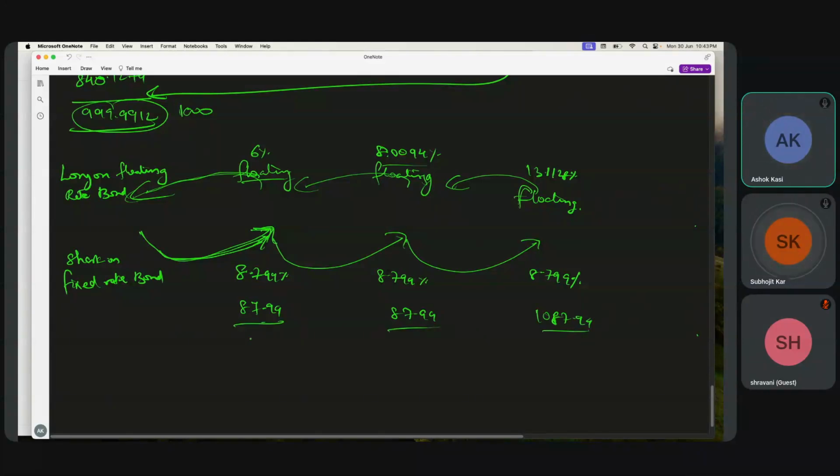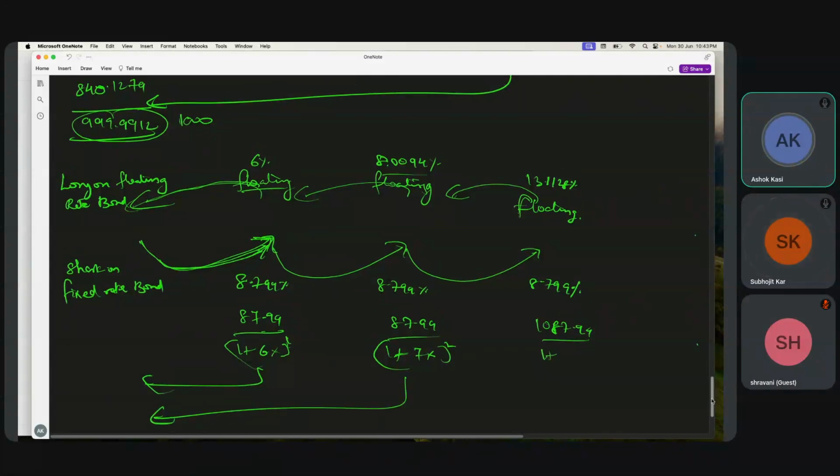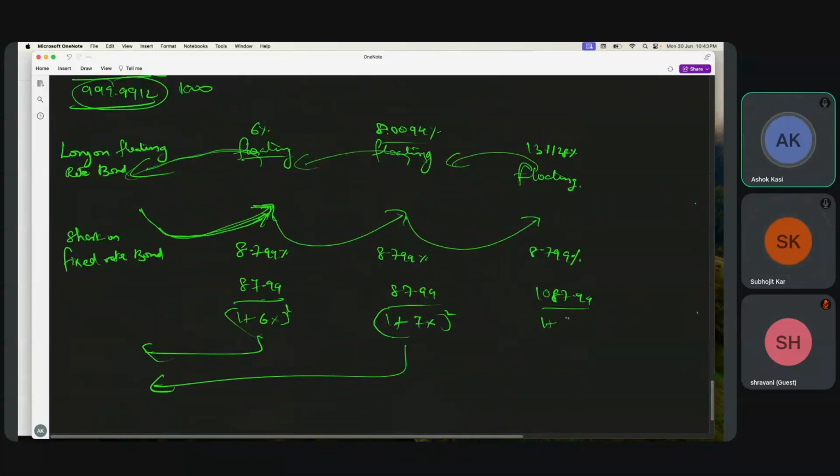And if you discount all this with the spot rates, 1 plus 6% raised to 1, which we have already done, right? This is 1 plus 7% raised to 2, and this is 1 plus 9% raised to 3. But here, are we the investor or the issuer?